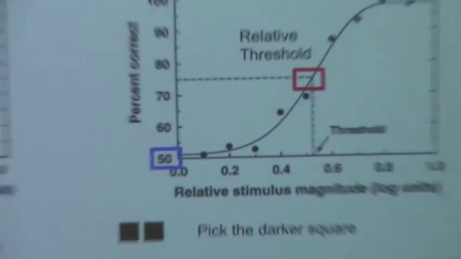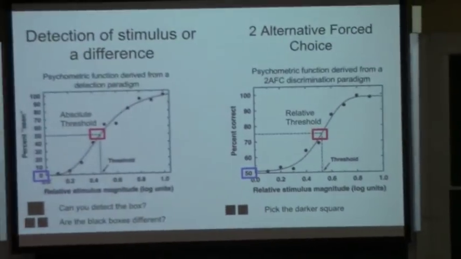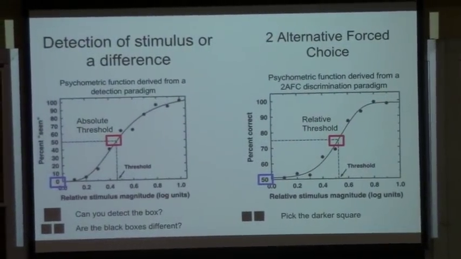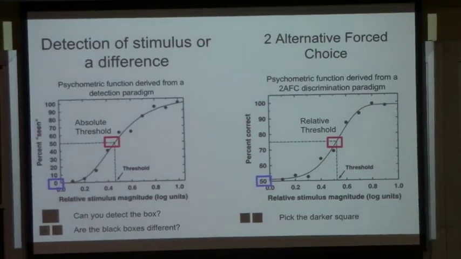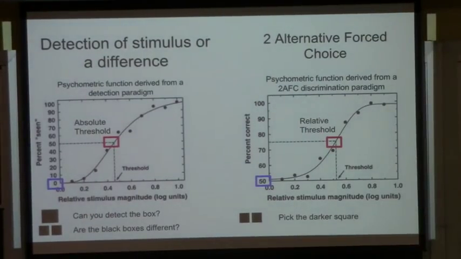That minimum 50% represents random guessing, right? Yes. 50% is because of random guessing. So if the question is, are two things different or the same, it's that category, right? Yes.